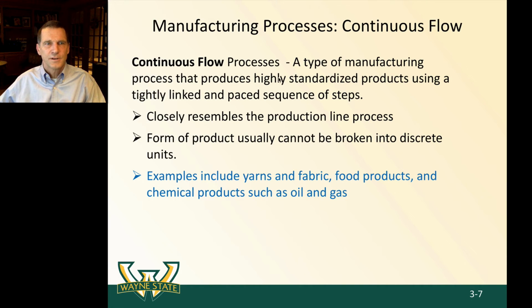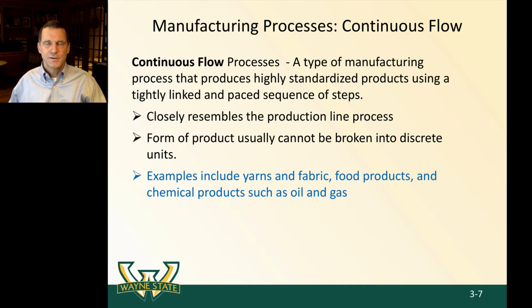So the first of those, the continuous flow, this is a type of manufacturing process that gives highly standardized products, and that is in an uninterrupted, we'll say, hypothetically uninterrupted sequence of steps. So it very closely resembles the production line process, except that it is not broken into any steps whatsoever. And probably the best examples of that are things like yarn, where you think of something just coming off a spool.